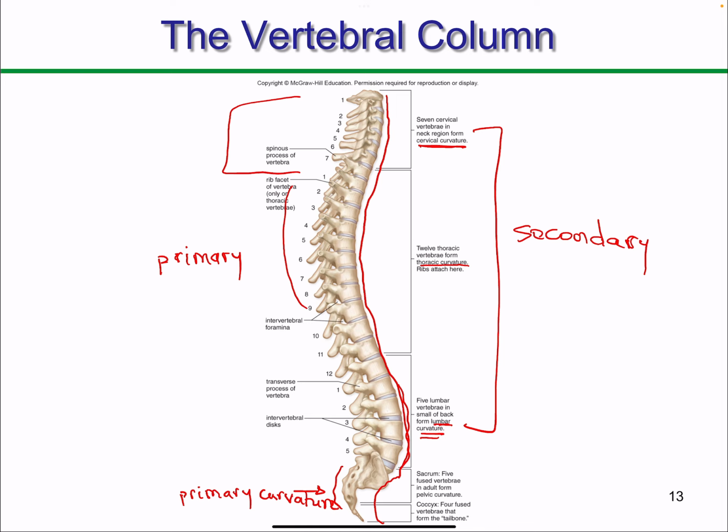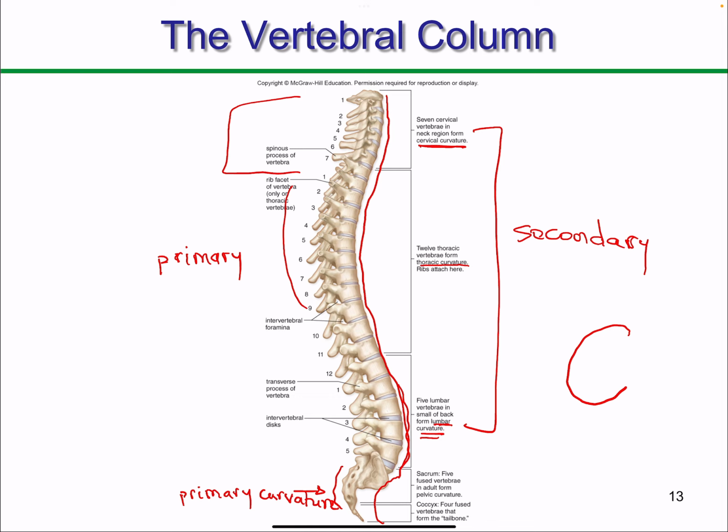These secondary curvatures are developed after birth. When a baby is born, the baby is born kind of curled, right? The baby is curled because of the positioning of the baby in the womb. So when the baby comes out, naturally the baby is going to be curved. That's the primary curvature, right? The baby is curved like this because the spine, the vertebral column, is curved like this.